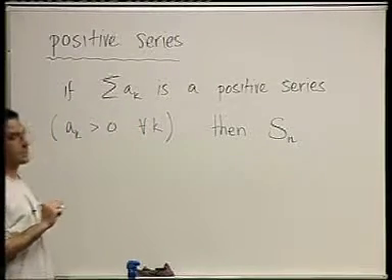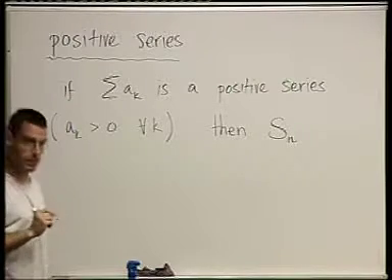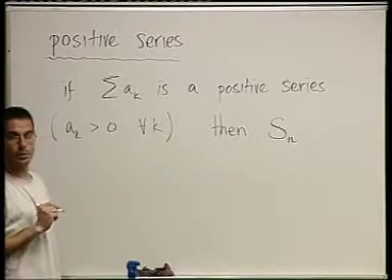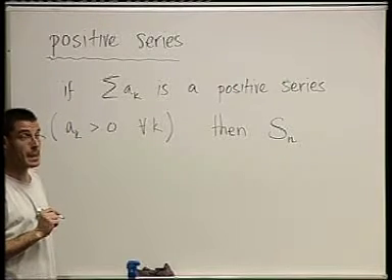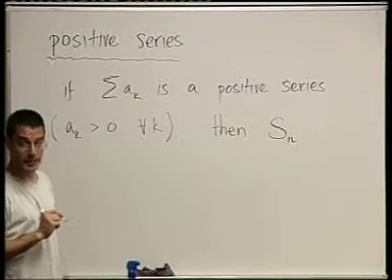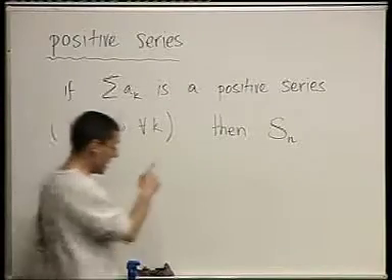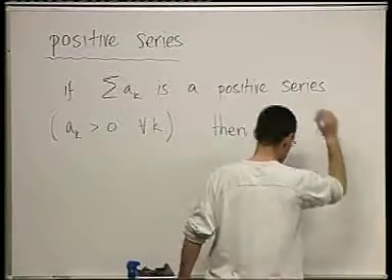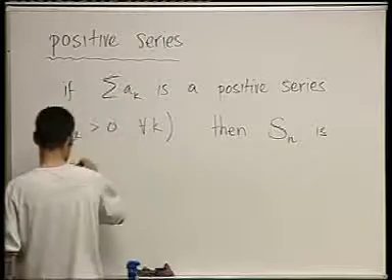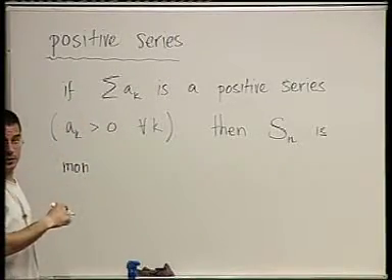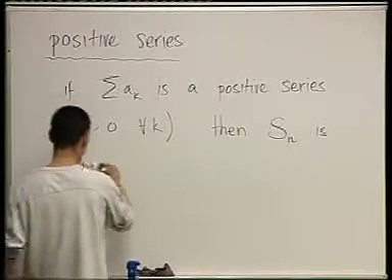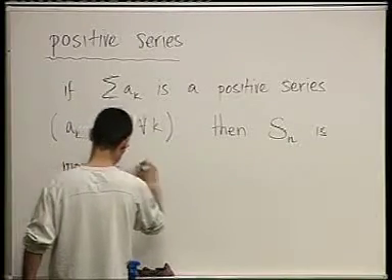It's also positive, that's true, but can you say something deeper? It's monotone. Monotone what? Increasing. Sn is monotone increasing, because when n gets bigger, you're adding more things. So it always gets bigger. So monotone increasing.